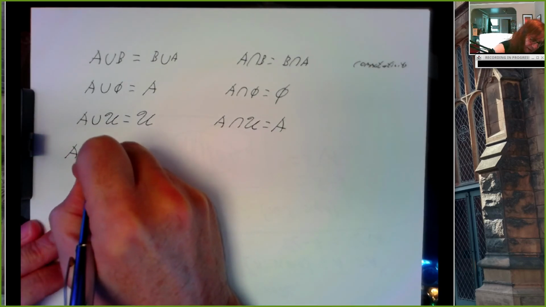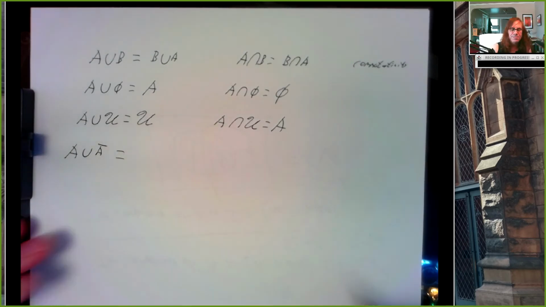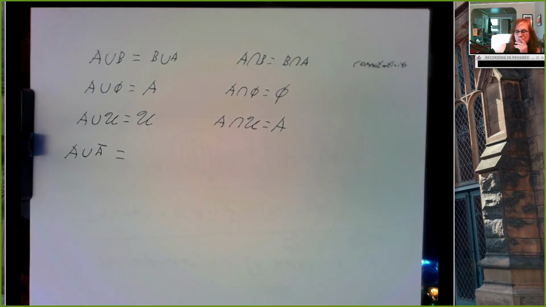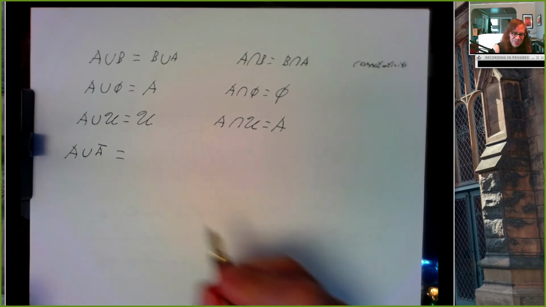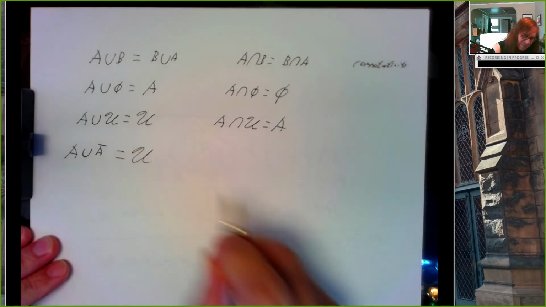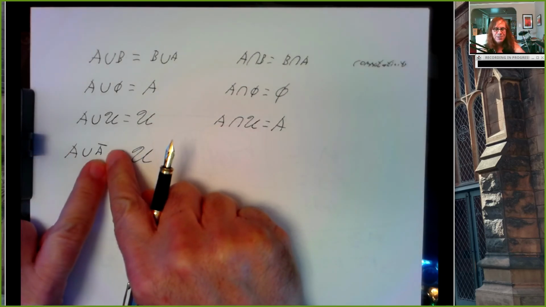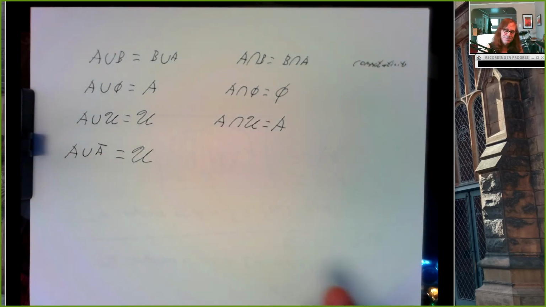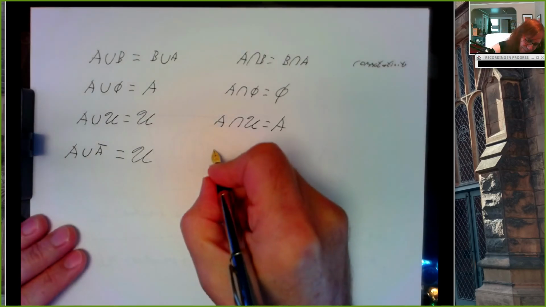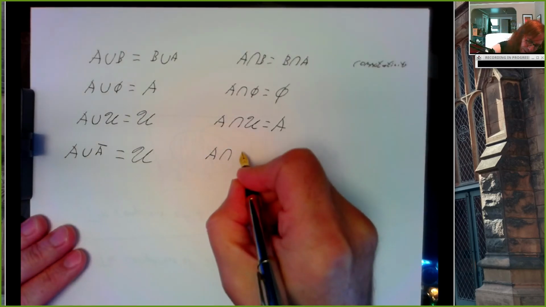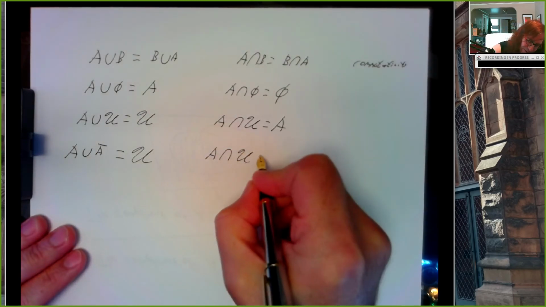What about A union the complement of A? It'd be the universe. This is everything that's in A or not in A. Well, that's everything. What about A intersect the universe?